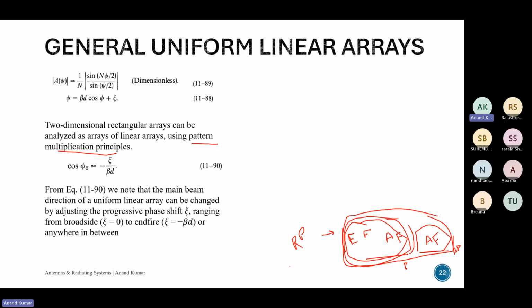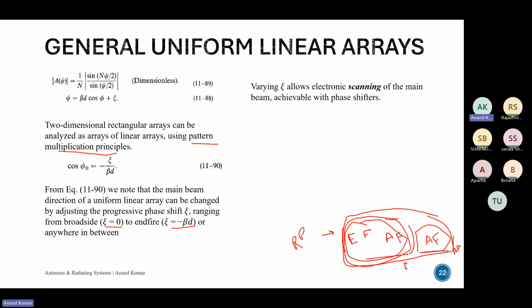Another observation was that for zero phase shift, we had broadside radiation, and for minus beta d, we had end fire radiation. So if we tune the phase, we could have radiation between broadside and end fire, and hence this implies that we could also scan the beam of the antenna.